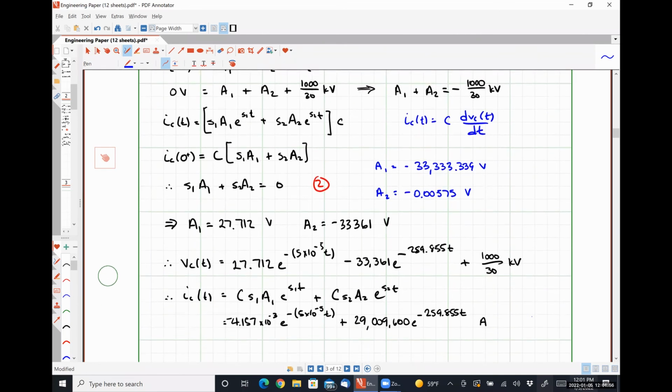All right, okay. So now C is 3 times S1, which was negative 5 times 10 to the minus 5, times A1, which was negative 33,333.339.